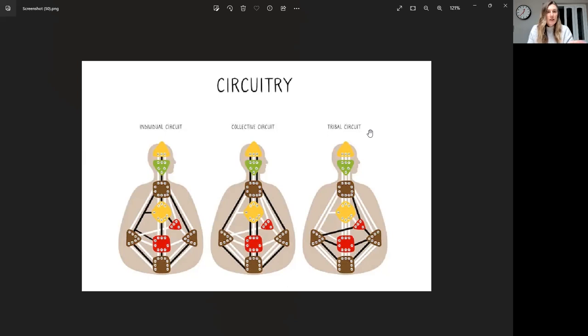Now, I'm predominantly tribal, which means that I am here to support. Okay, so let's look first of all, for example, at when your circuits are predominantly individual. If your circuits are predominantly individual, you really care about what is happening with you, your experiences, what you've learned from that.